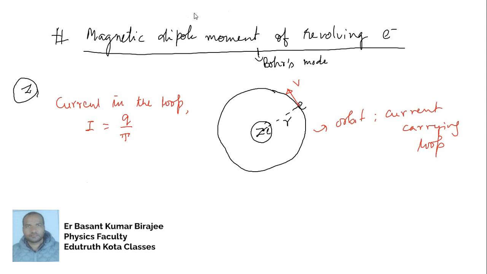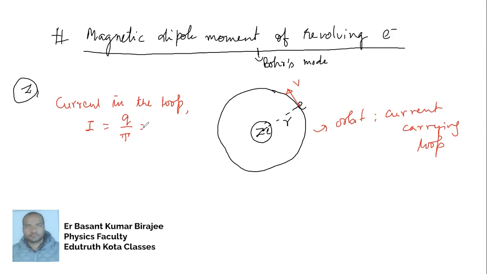We are dividing charge by a time interval. This time interval is equal to the time period of the electron. So when you calculate the current in a given time interval, the current is average. So actually this one is the average current.